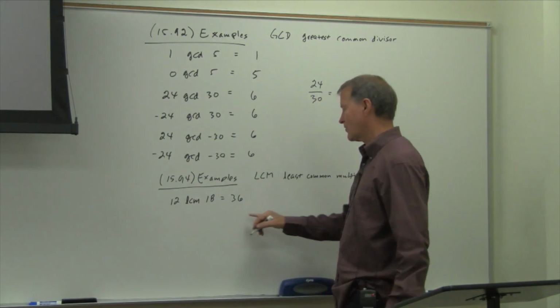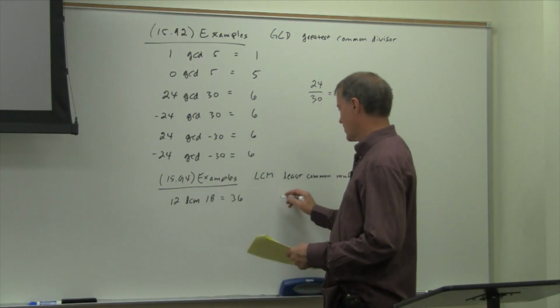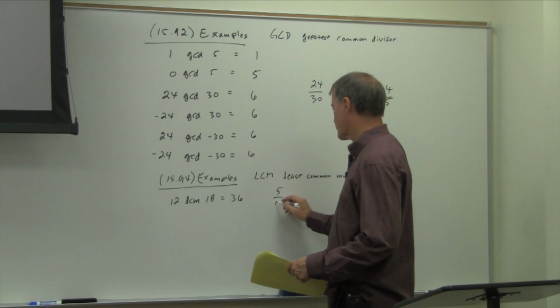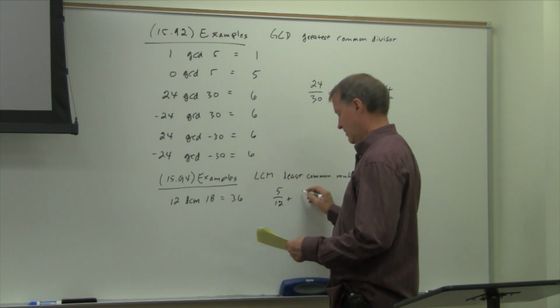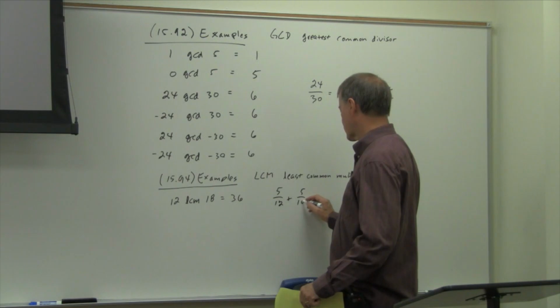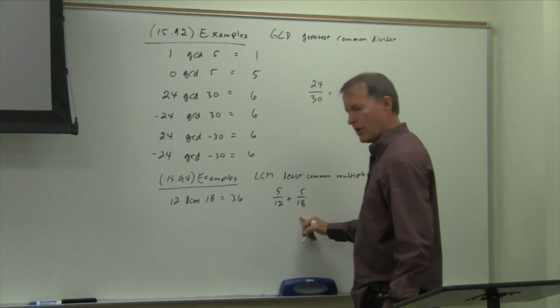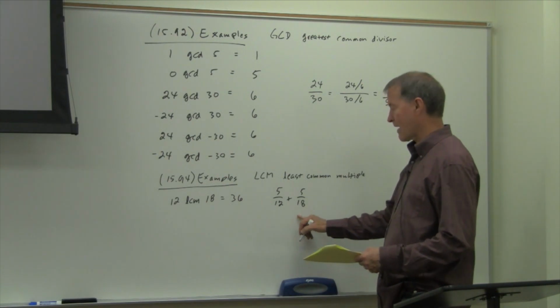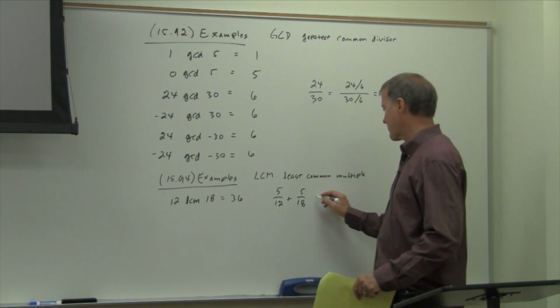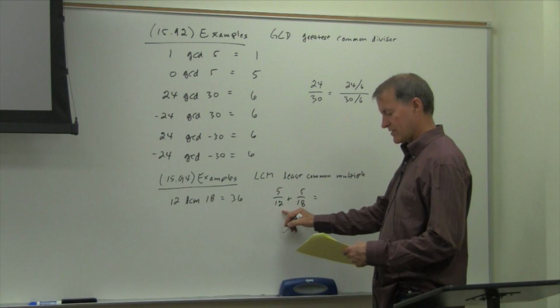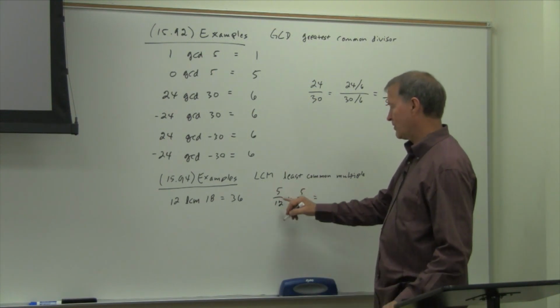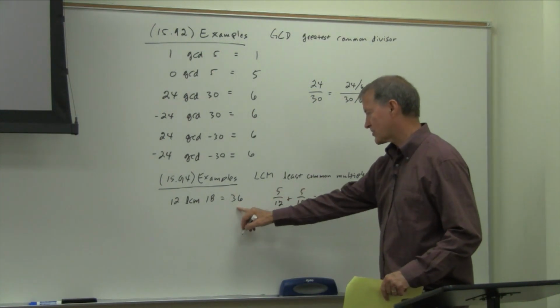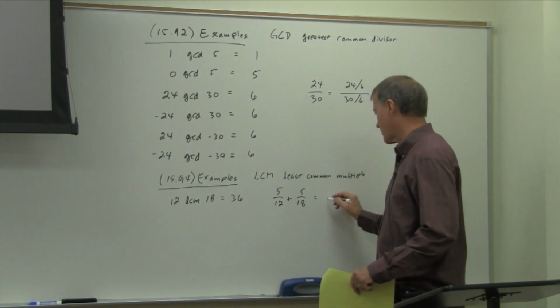And how do you use this when you do fractions? It's like if you have 5/12 plus 5/18. This is when you want to combine them. You want them to have a common denominator. So the LCM is what you choose for your common denominator.